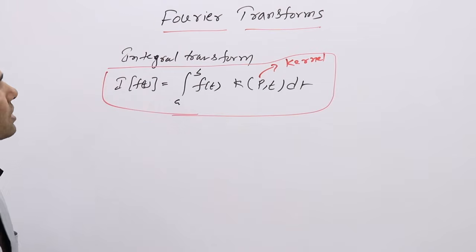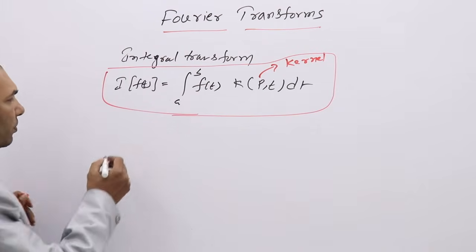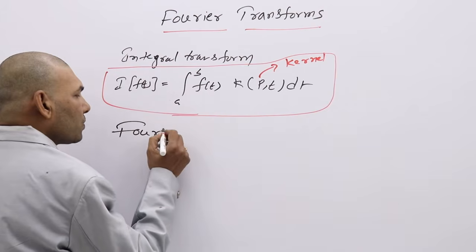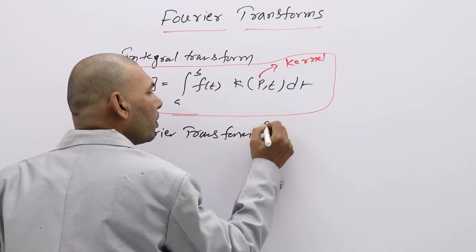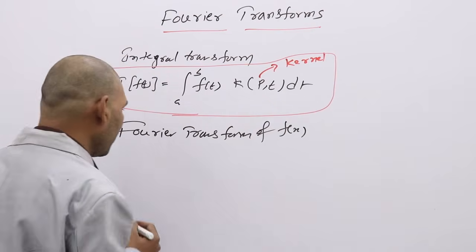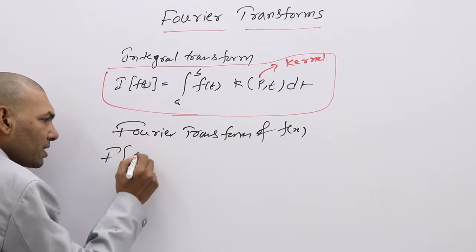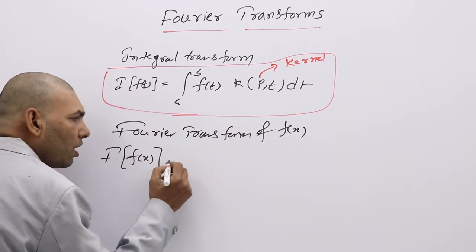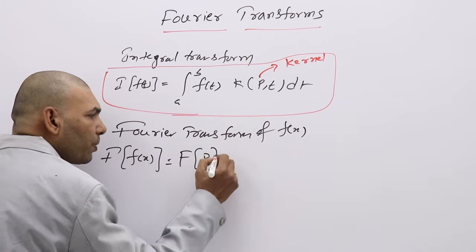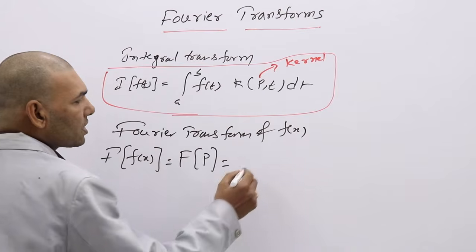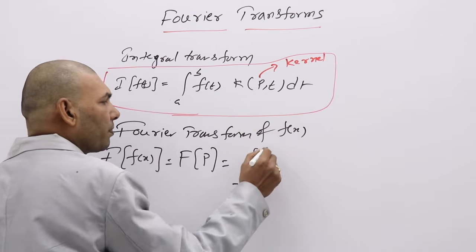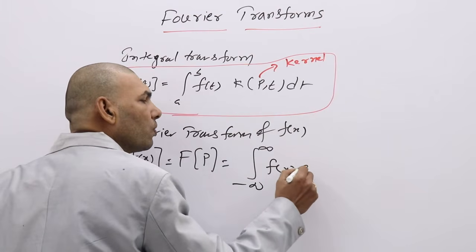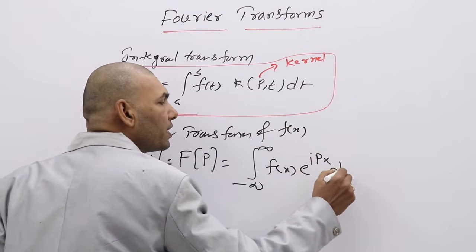Now we are going to discuss what is the Fourier transform. The Fourier transform of f of x we represent like this, capital F of x or capital F of p, which is the integral from minus infinity to infinity of f of x into e power ipx dx.